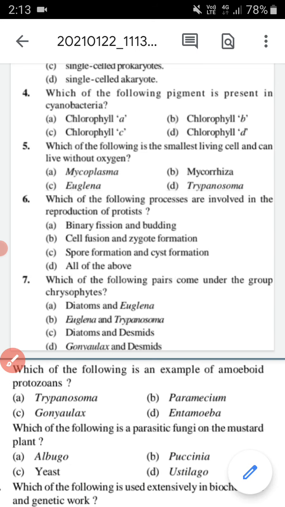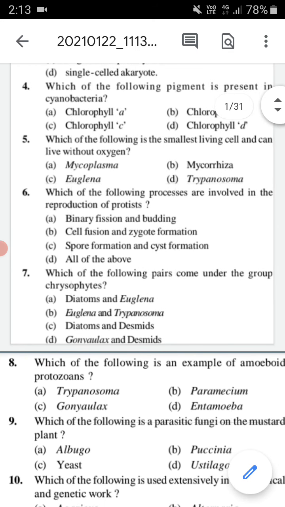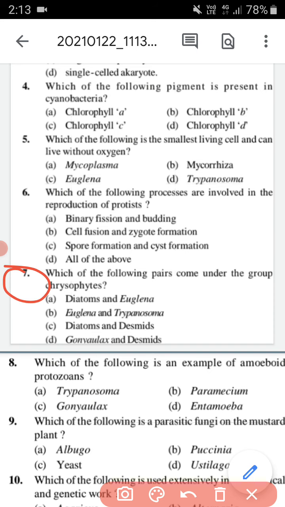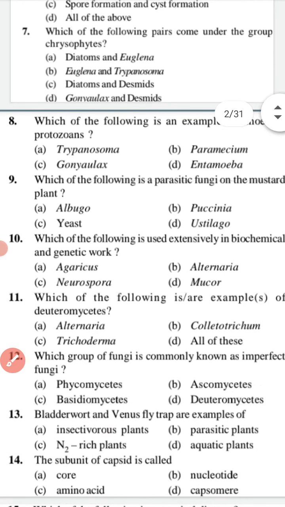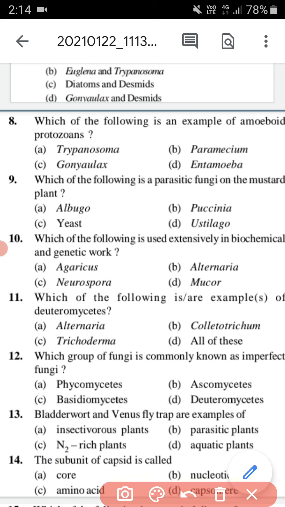Now we move to question number 7. Question number 7 is, which of the following pairs come under the group chrysophytes? So chrysophytes basically diatoms and desmids. Okay, so option C is correct. Now we move to question number 8. Question number 8 is, which of the following is an example of amoeboid protozoans?